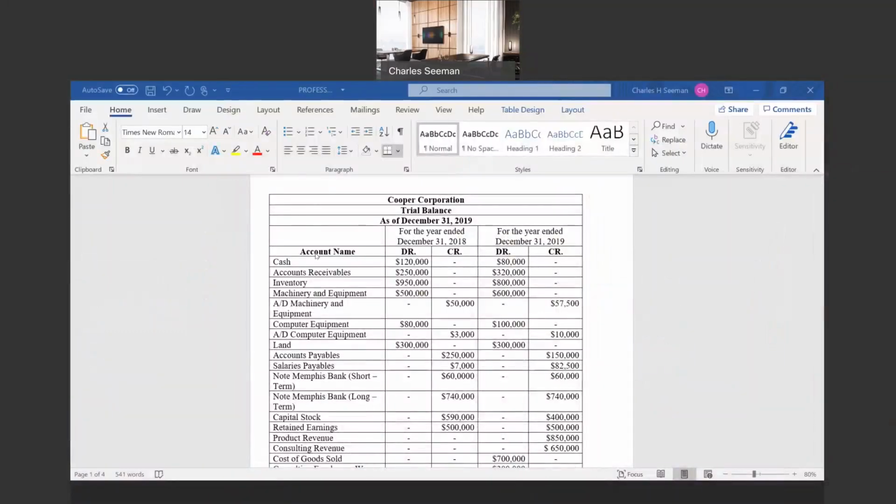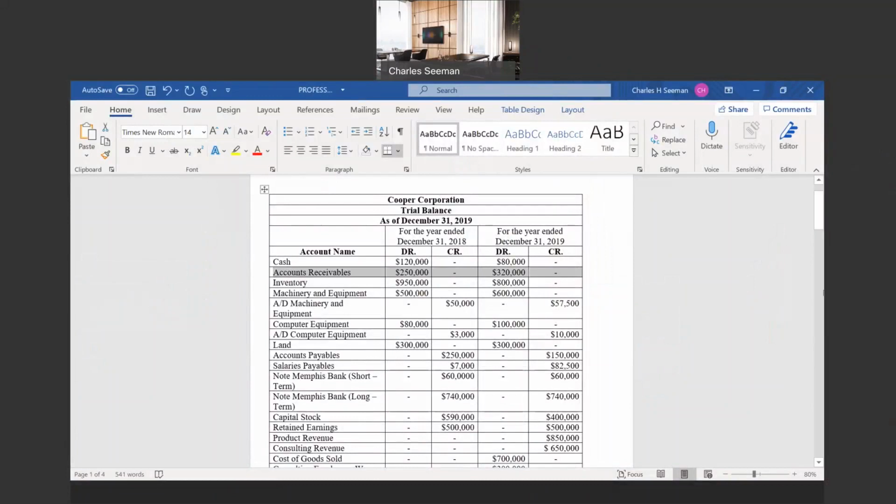So the first current asset that we're worried about that's not cash is accounts receivable. Accounts receivable went up. It was 250,000 at the end of 2018, and the value for December 31st, 2019 is 320,000. So it went up 70,000.